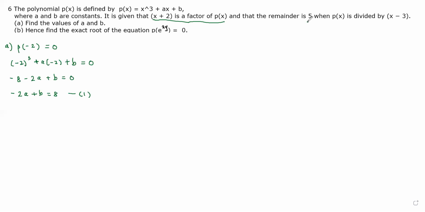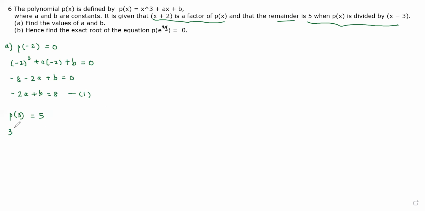There's a remainder of 5 when p of x is divided by x minus 3. A remainder of 5 means that p of 3 must be 5. So we replace x with 3.